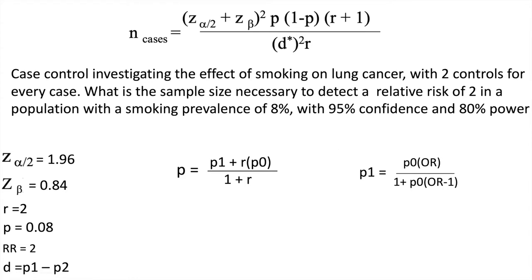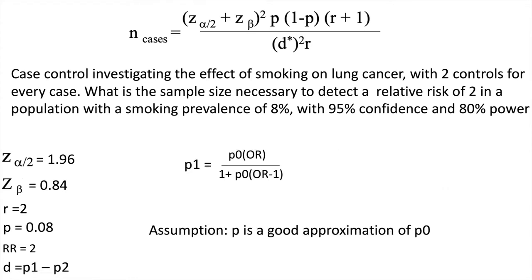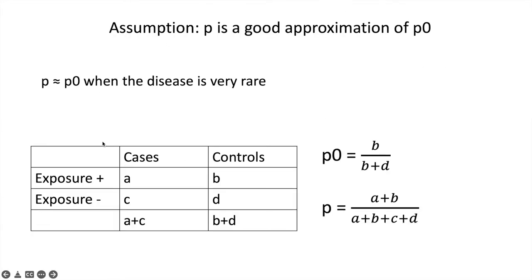What we can do instead is make an assumption that P is a good approximation of P naught, and that's typically okay in case control studies, because that is essentially true whenever the disease is super rare, and that's usually why we do a case control study in the first place, when the disease is super rare.